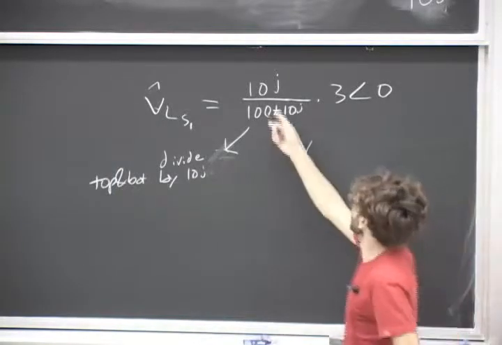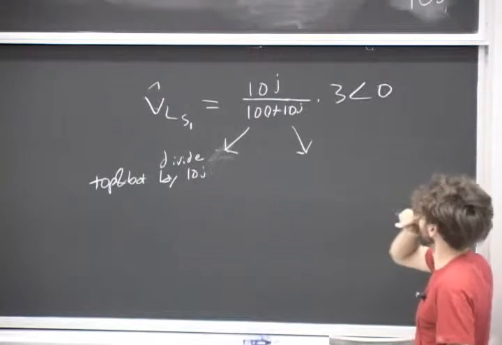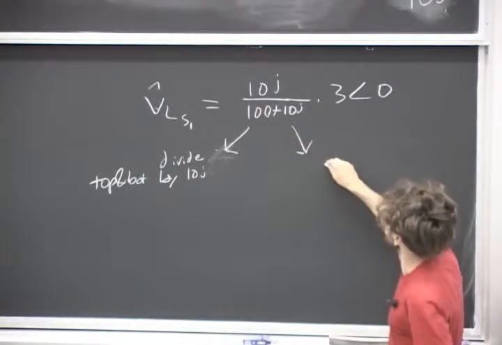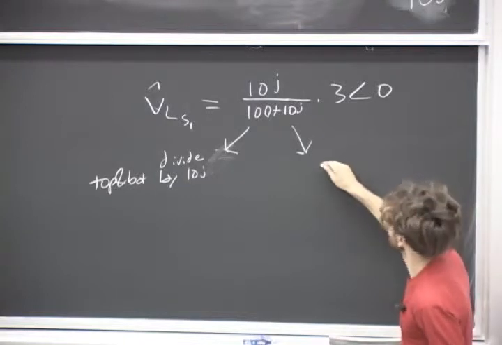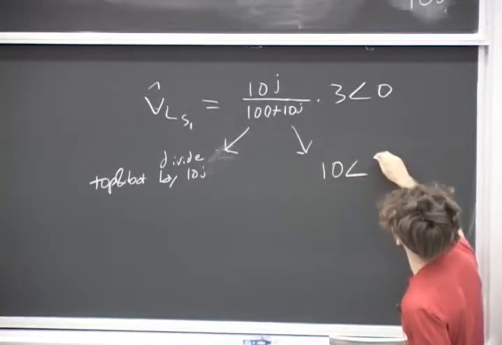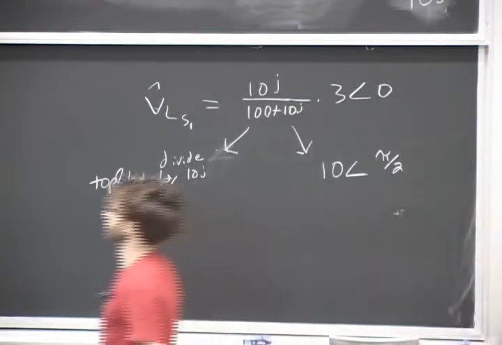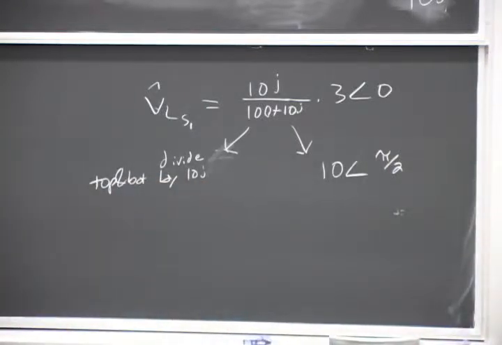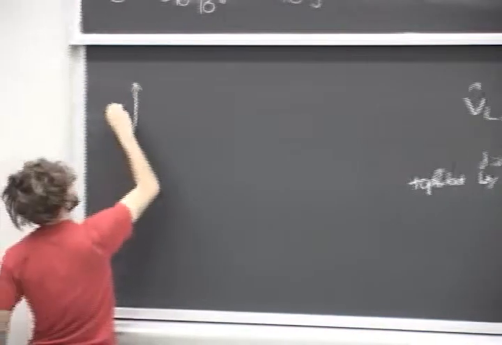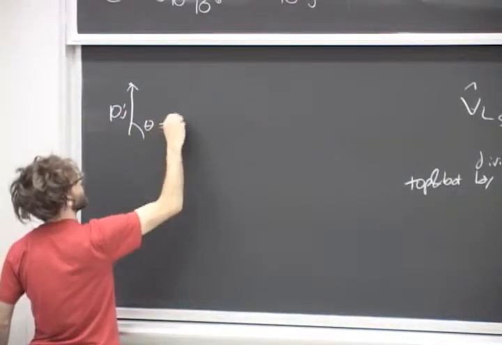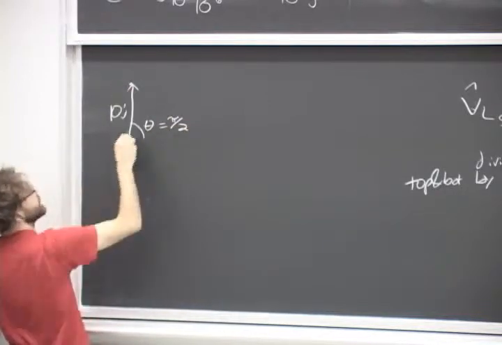So 10j, just to see a different way, what would 10j be in polar coordinates? Yeah, 10 angle pi over 2. Why is that? If you don't want to think in terms of formulas, in the complex plane, it just looks like 10j. So this angle is pi over 2, and the length is, of course, just 10.